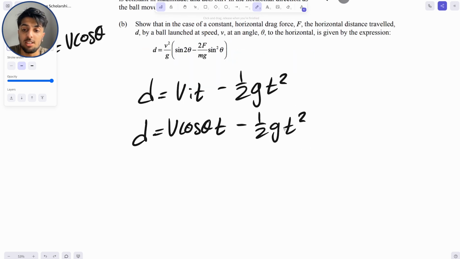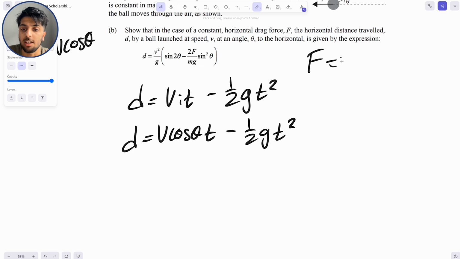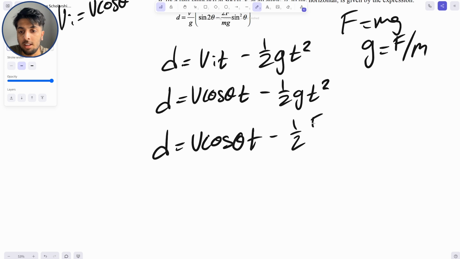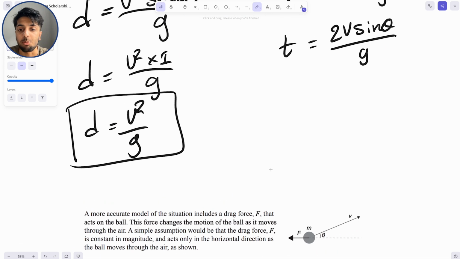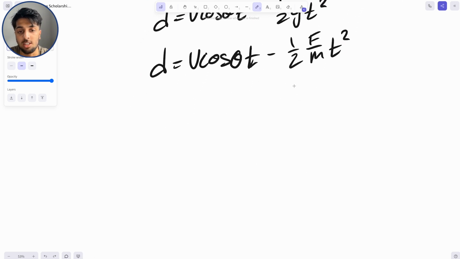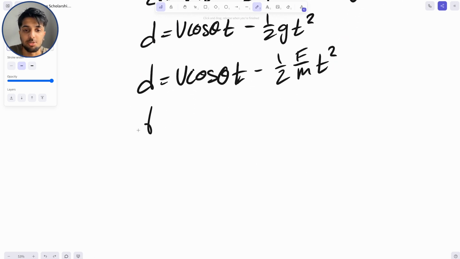Now our g, we know F is equal to mg, therefore g is equal to our force over our mass. So we can make that substitution in, and we get v cos theta t minus half F over m t squared. Now from our previous question, we know t is equal to 2v sine theta over g, and so we can make that substitution again.